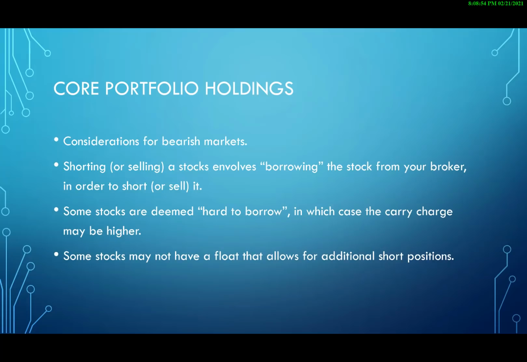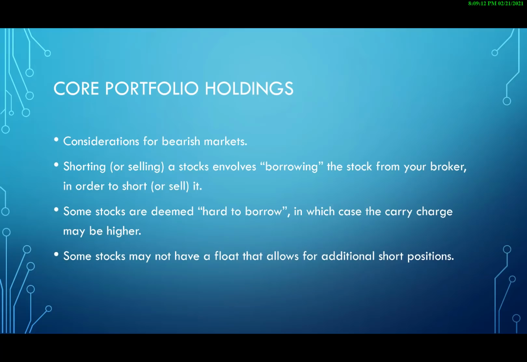When we are shorting or selling stock, and that's what we would be doing in a bearish market, that involves borrowing stock from your broker in order to sell it, or in order to short it. Some stocks are what are called hard to borrow.